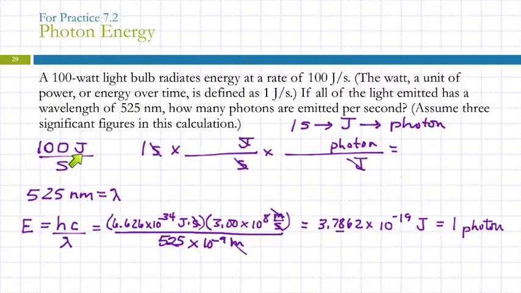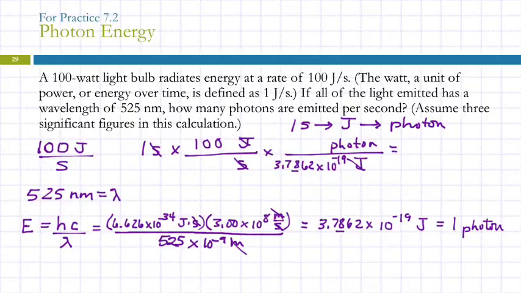They told us that. 100 joules per second. And the relationship between photons and joules is this guy down here that we calculated, 3.7862 times 10 to the minus 19.